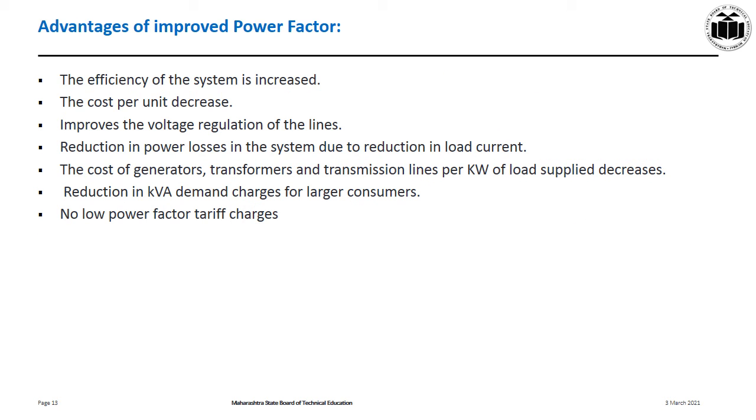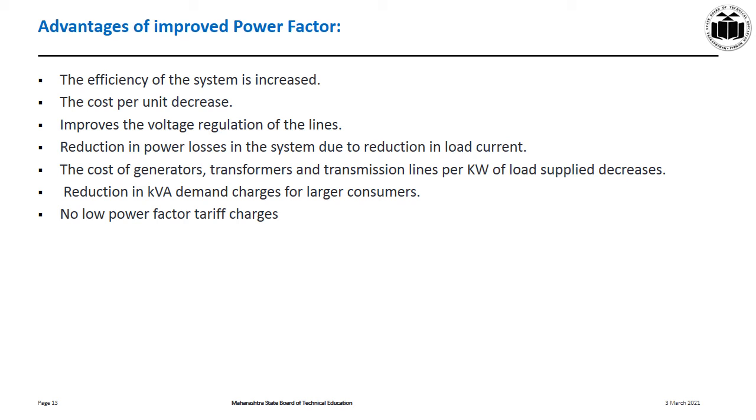From the previous discussion, we have seen that it is better to have improved power factor. It gives a number of advantages because a good power factor results in the higher efficiency of the system. The cost per unit also decreases.